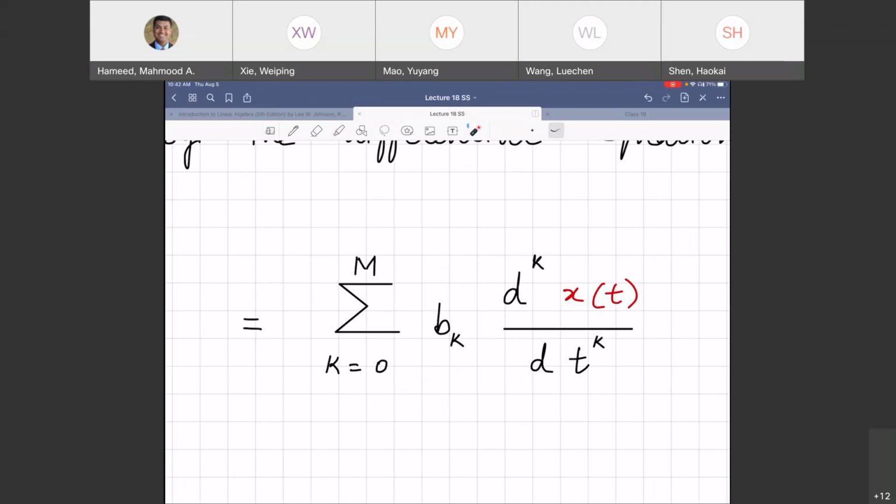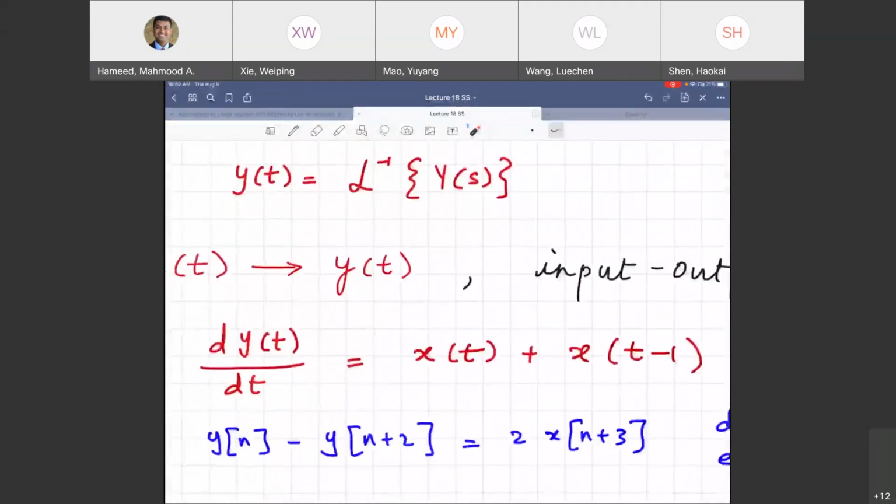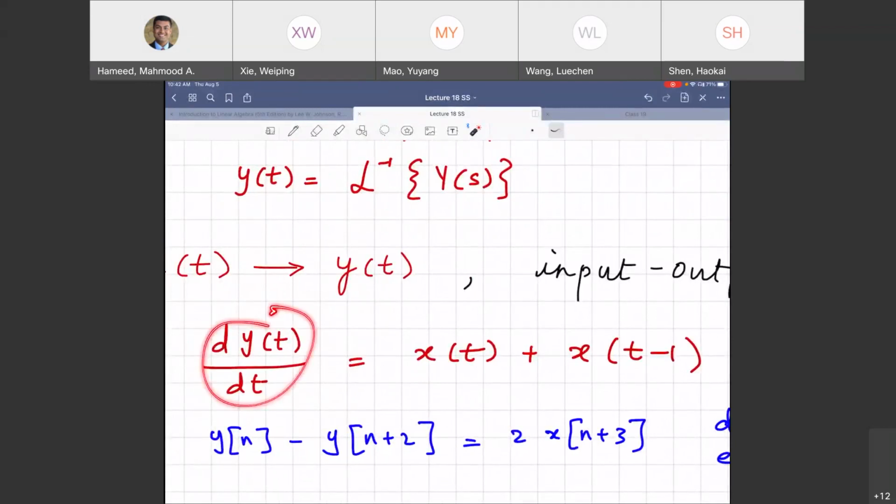Well, when you differentiate x, you could get a constant. If you don't, then you have x of t, which could also be a constant, right? But on the left, you have multiple derivatives of y. On the right, you have multiple derivatives of x. And I want you guys to relate this to this, right? You had one derivative of y, and then you had just x of t plus x of t minus 1.